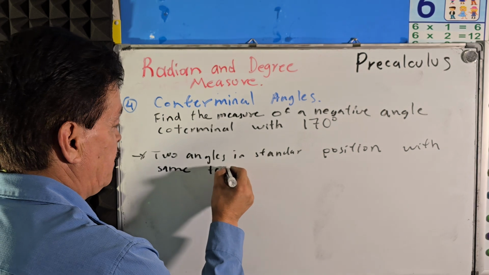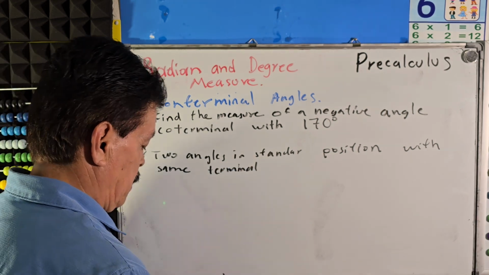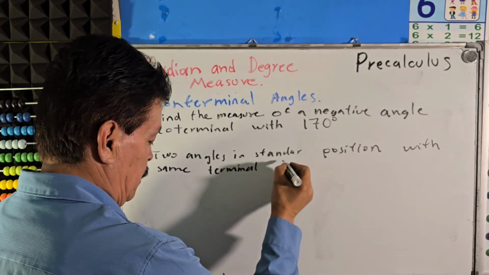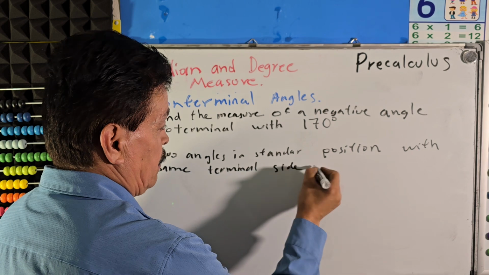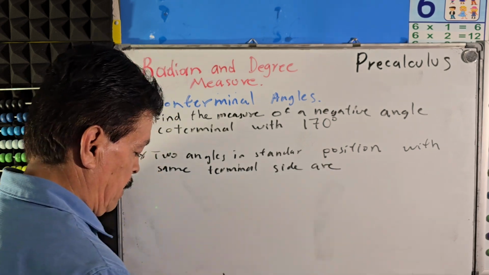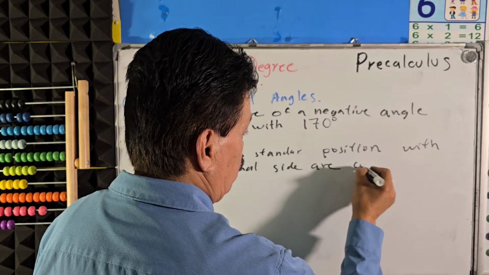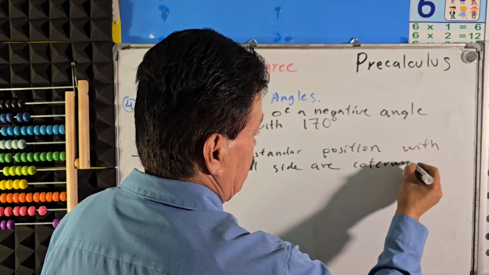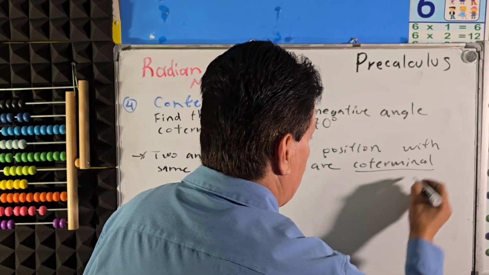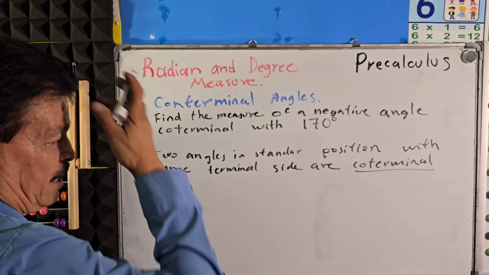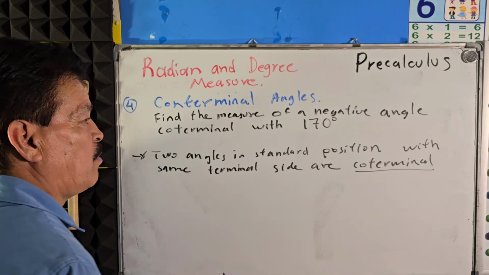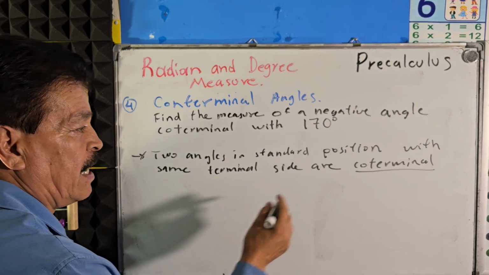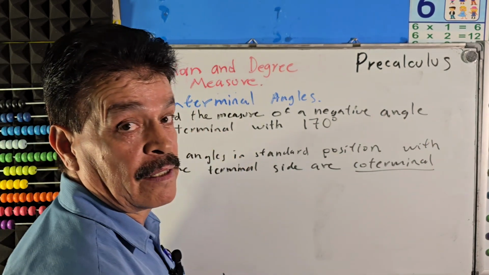Two angles in standard position with the same terminal side are coterminal.